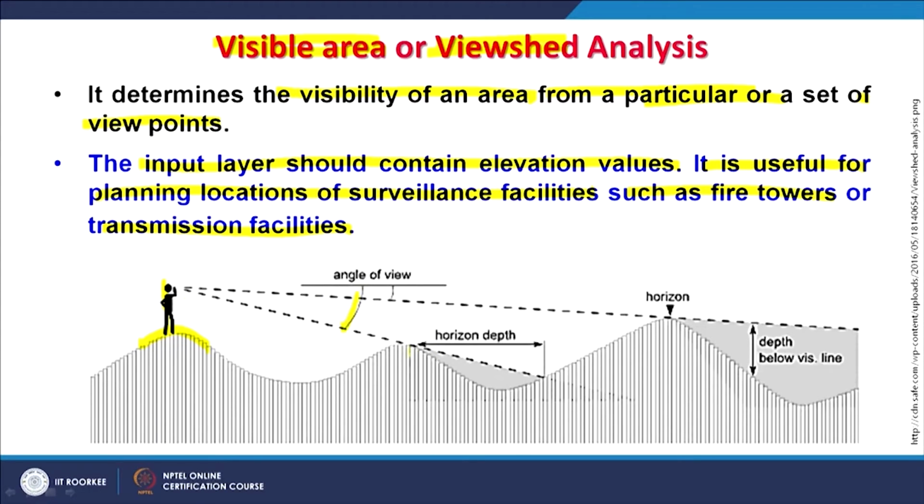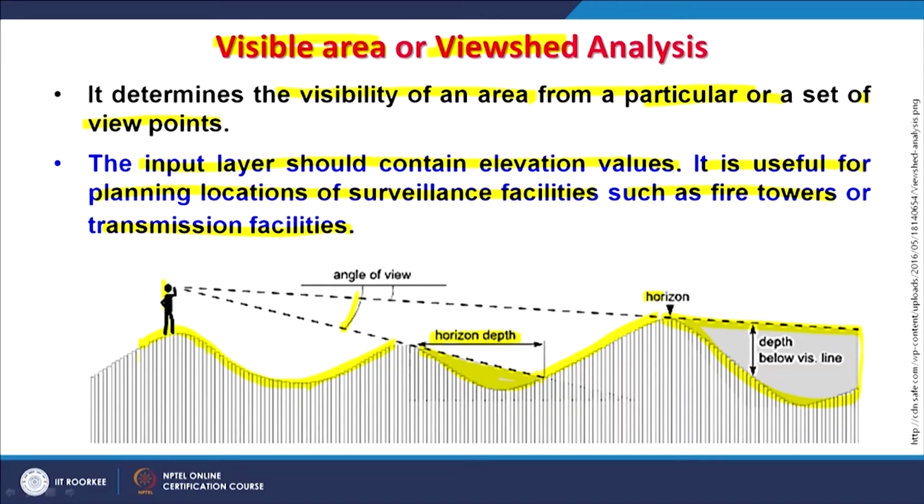All this will allow us to know that this area will come in the shadow. So, a person standing here will not be able to see this much area. Similarly, the same person after this peak may not be able to see this area either, but for him this area is completely visible.